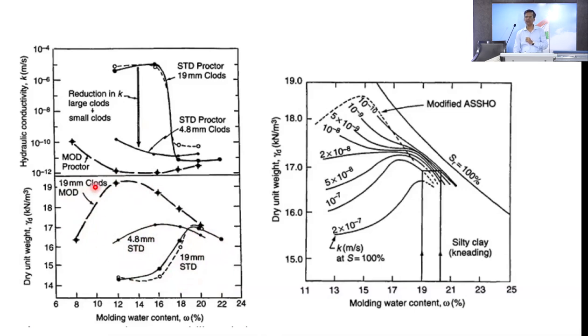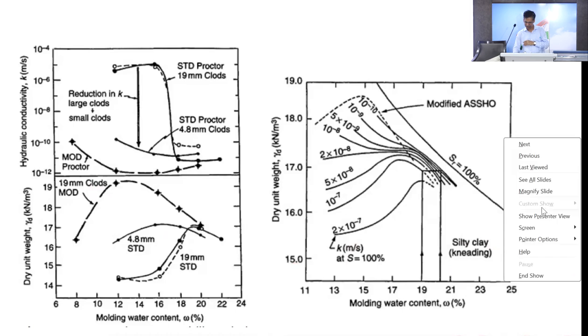That means it can then compact properly, because you need more energy. So if your size is larger, accordingly you have to increase the energy requirement. Energy can be increased in different ways, like a heavier roller and also the number of passes.